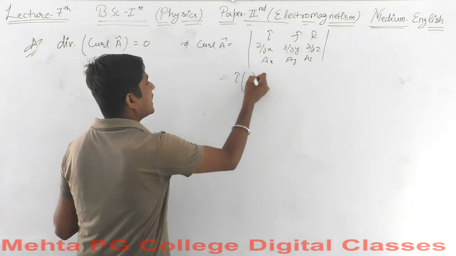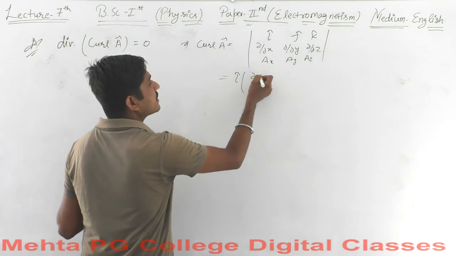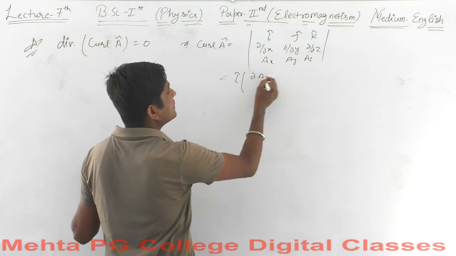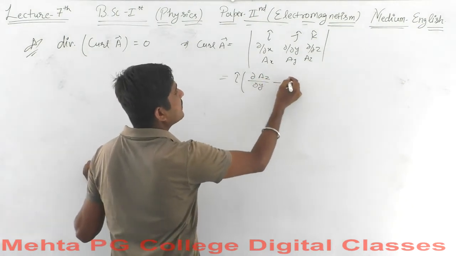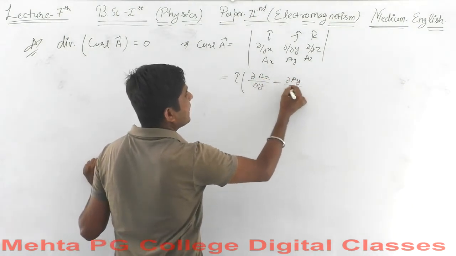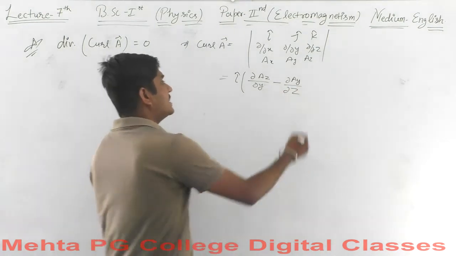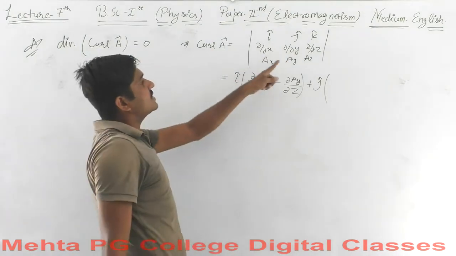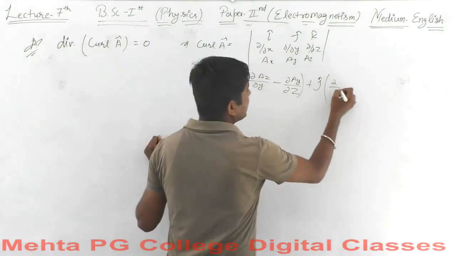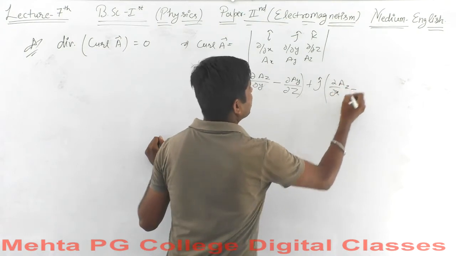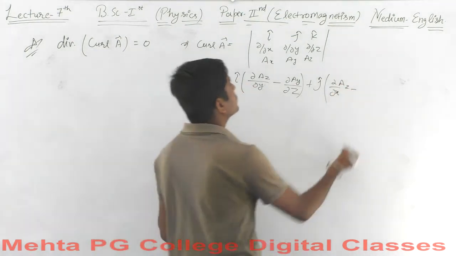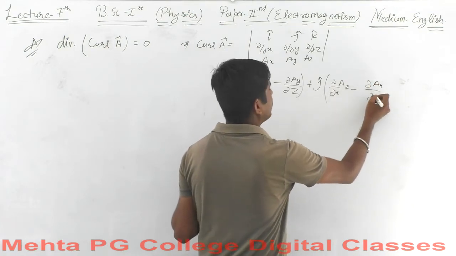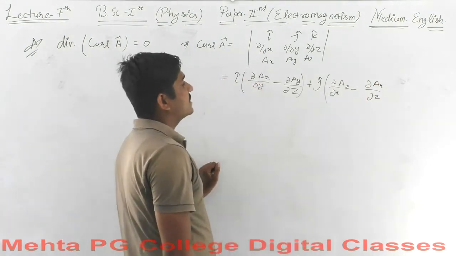The value will be i cap (∂Az/∂y minus ∂Ay/∂z) plus j cap. This is j cap. The value will be (∂Ax/∂z minus ∂Az/∂x).